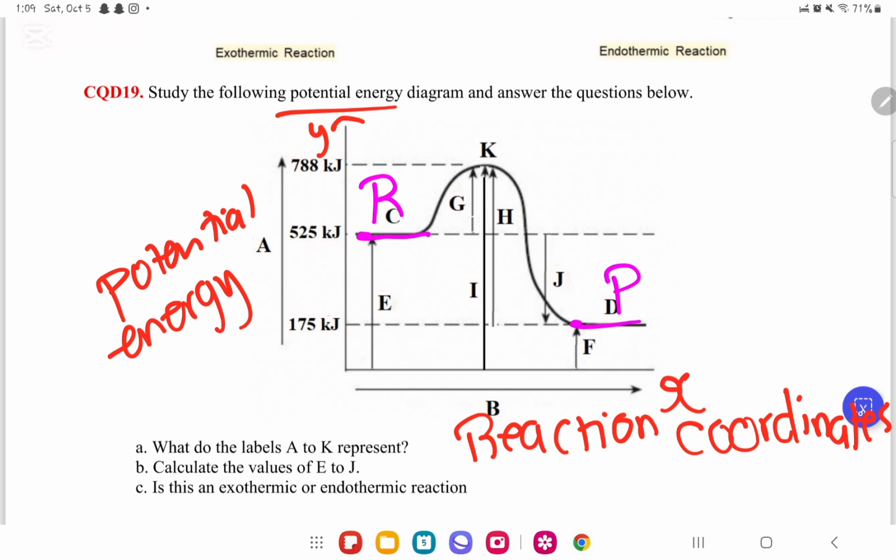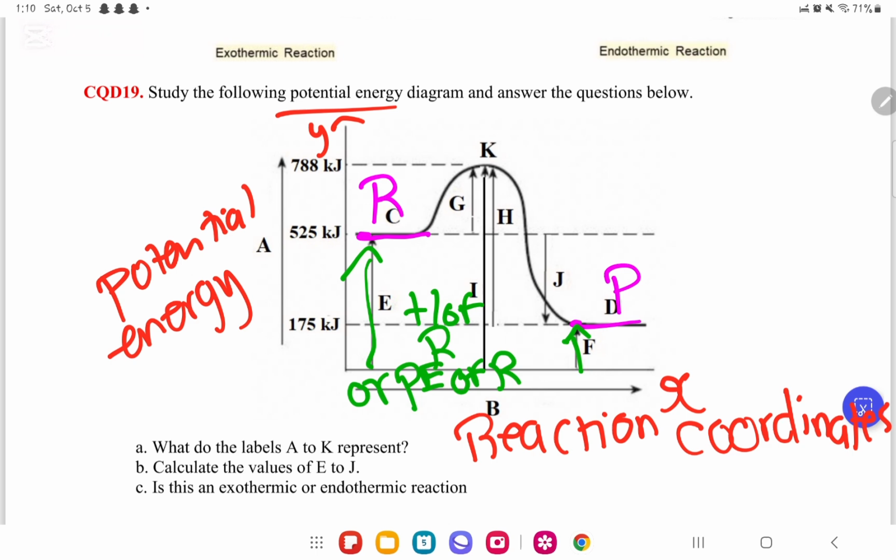Now, what letter comes after D? E, okay? So for E, we can say the heat or the potential energy. We can name it either the heat of our reactants or the potential energy, we will call it PE of our reactants.